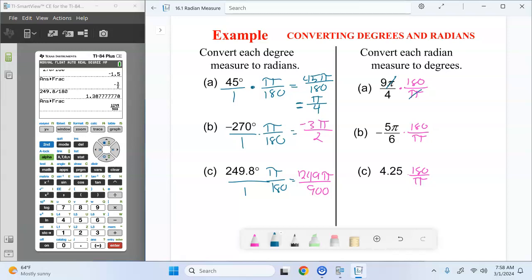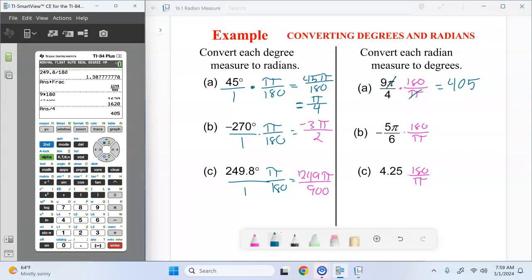And so we're left with 9 times 180 over 4, which gives me what? 405. Okay. B.